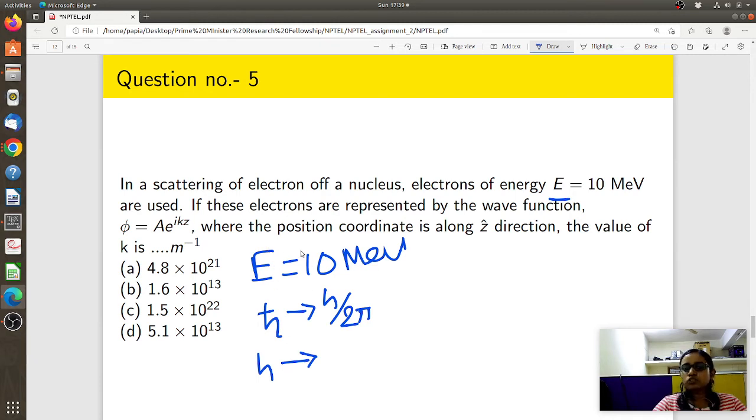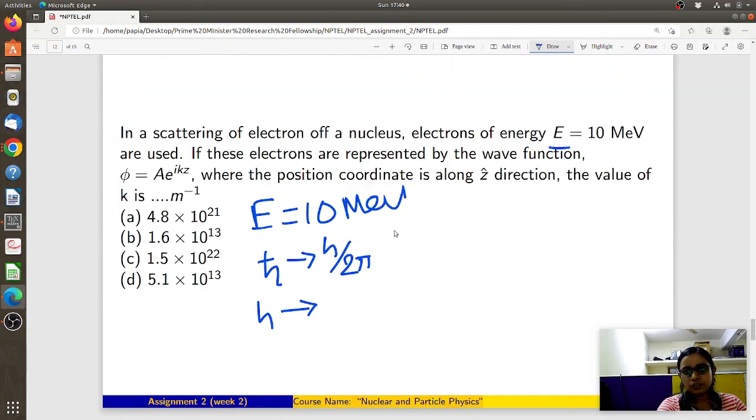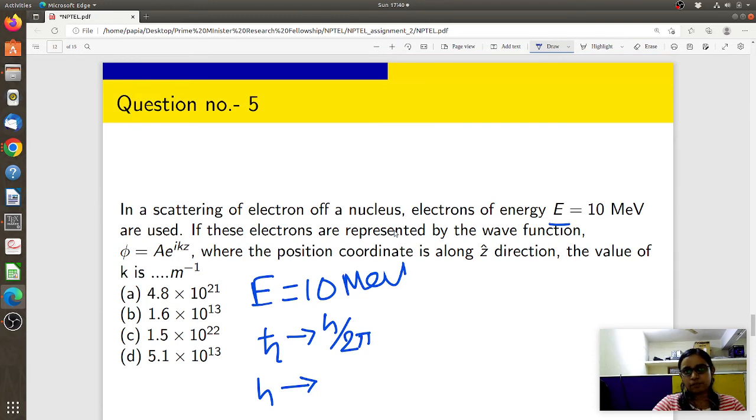So we need to know the value of momentum of that electron. The calculation is very simple: for the plane wave the energy momentum relation is there, as electrons are assumed to be a plane wave, because phi has the configuration e to the power i k z, which is the plane wave configuration.